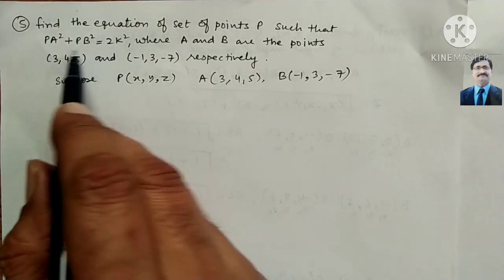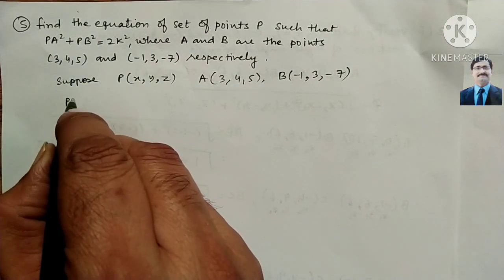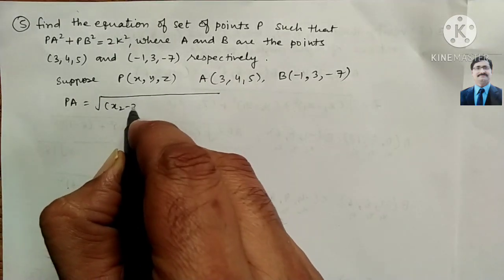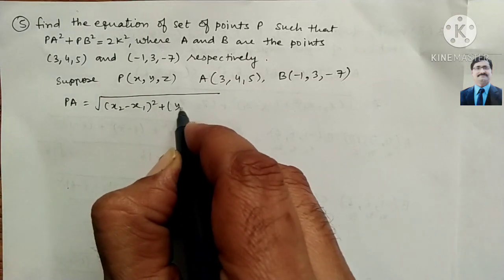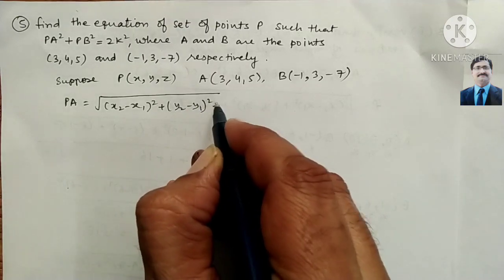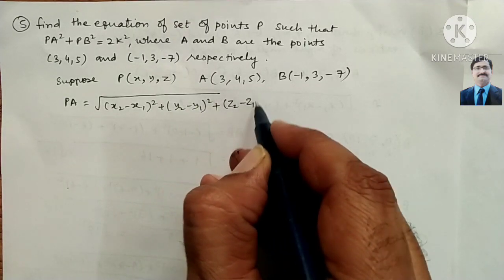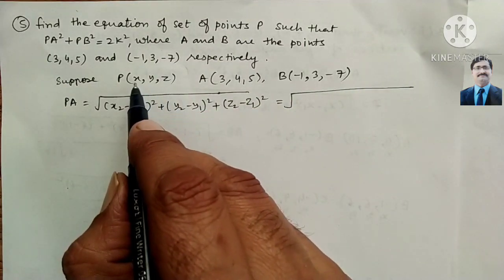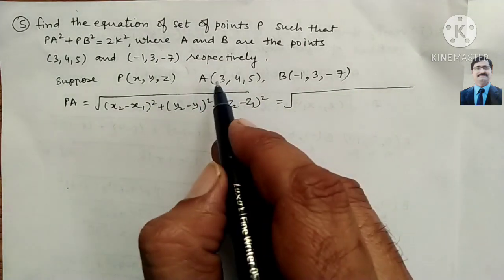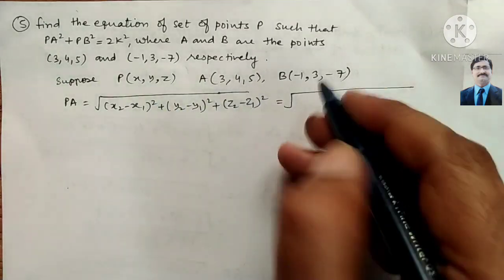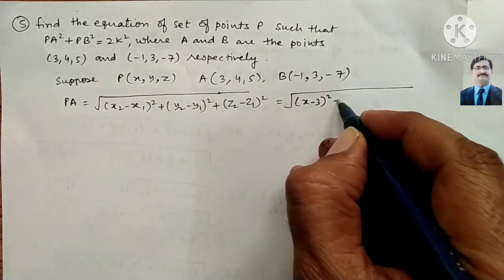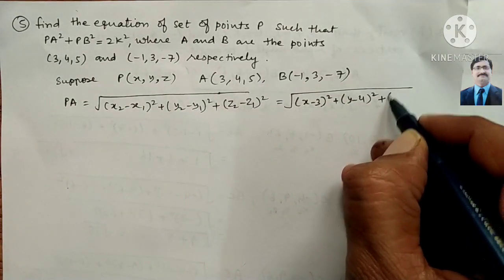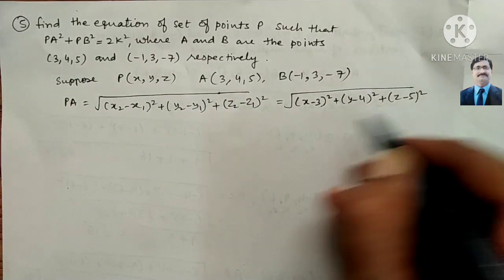First of all, we have to find this PA distance. So PA distance is equal to, we know the formula, square root of (x2 minus x1) whole square plus (y2 minus y1) whole square plus (z2 minus z1) whole square. According to this formula, this is x2, y2 and z2, this is x1, y1 and z1. So we can write here (x minus 3) square and (y minus 4) square plus (z minus 5) whole square.